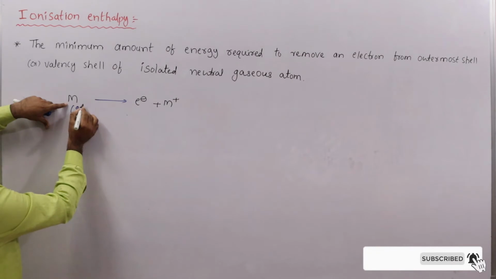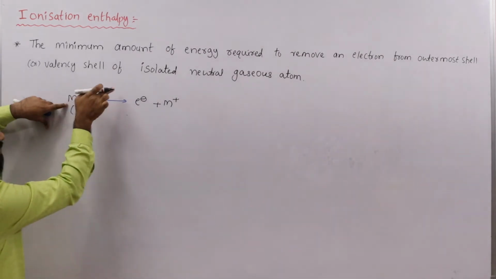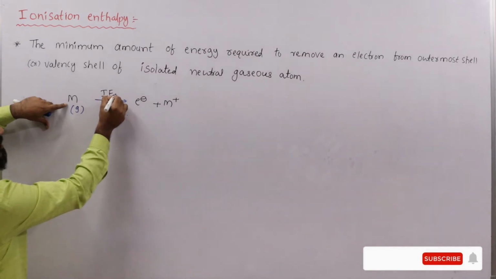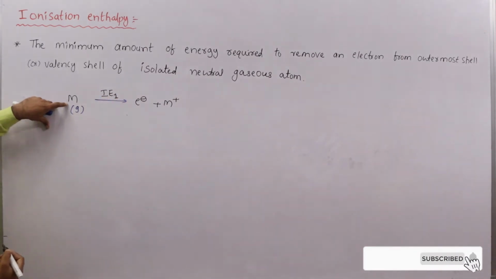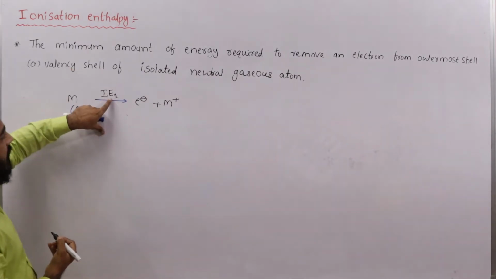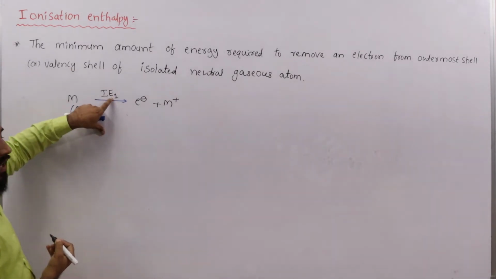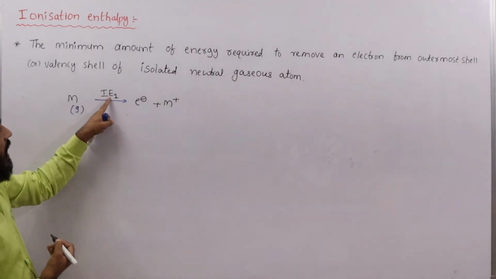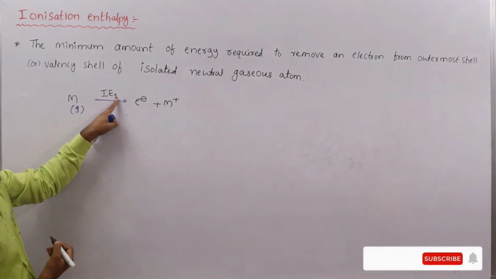The amount of energy required to remove the electron from this M is called ionization energy 1. Why do we call this ionization energy 1? Because it is the energy required to remove the first electron from the atom.